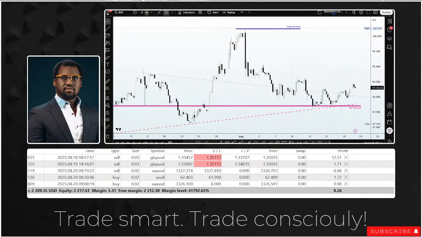Now, from the fundamental perspective, currently the US dollar is holding firm, holding very strong, because traders are waiting for the Fed's next move, whether they will cut rates or keep things tighter after the recent hot inflation data.